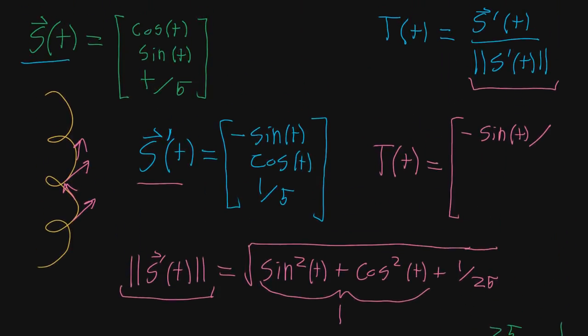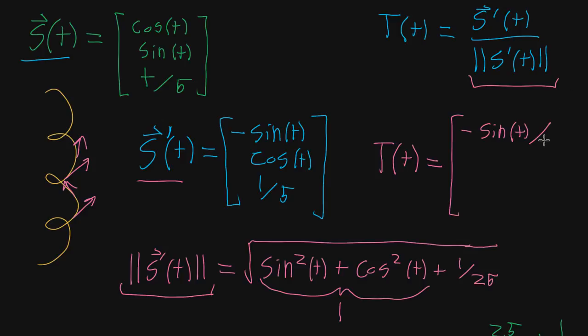Similarly, the y component is cosine of t divided by the quantity root 26 divided by 5.